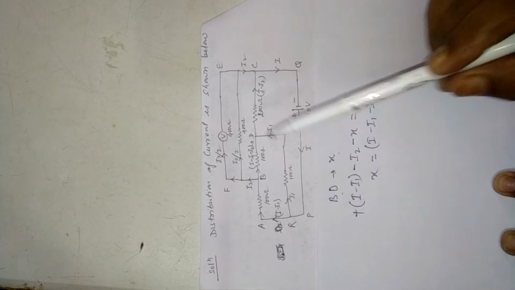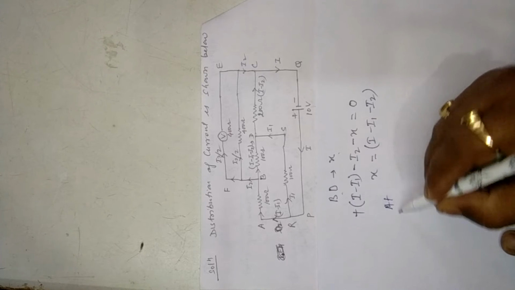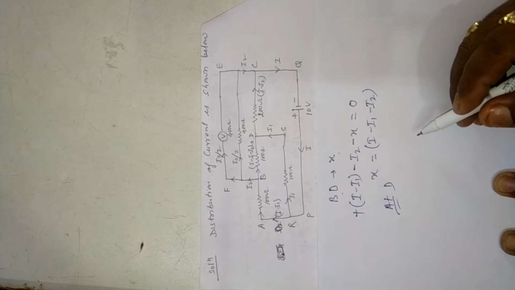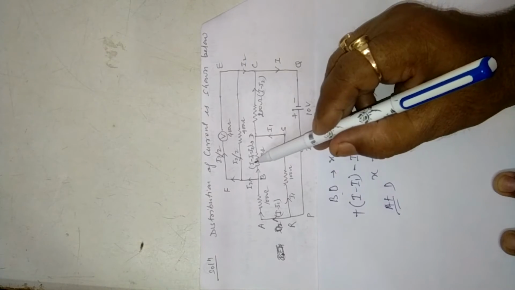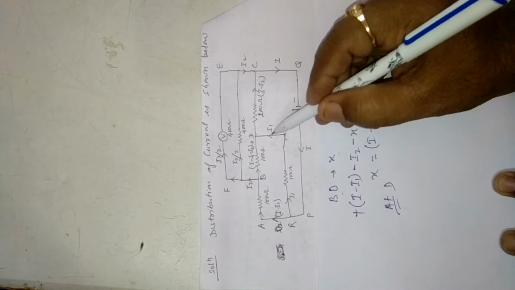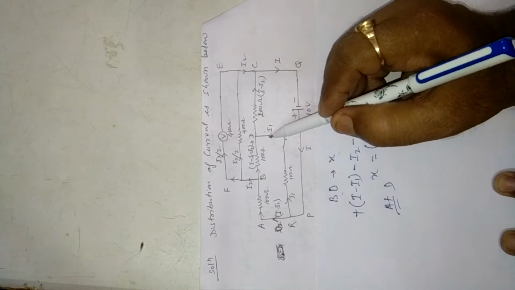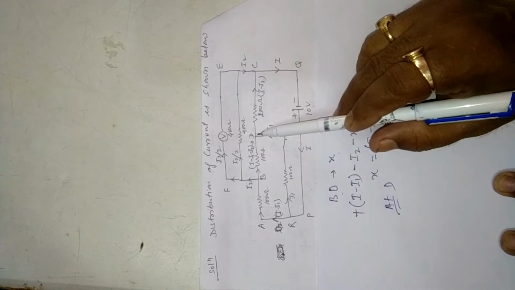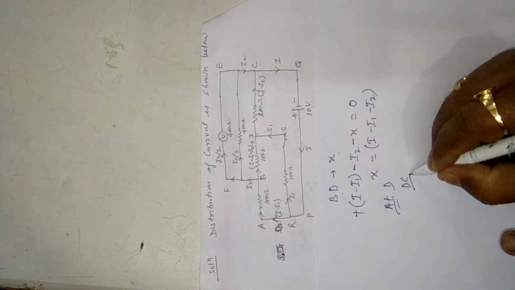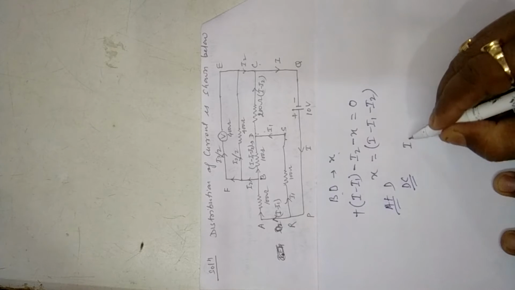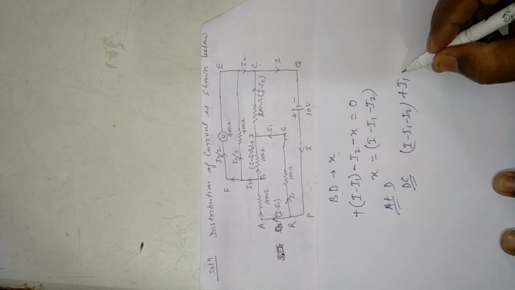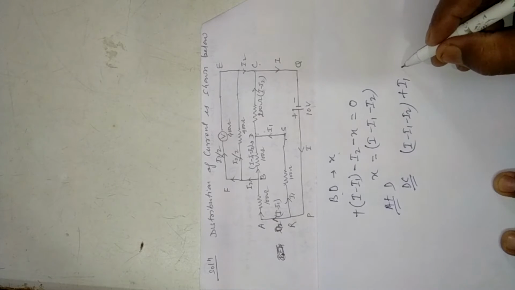Now at D, what will happen? How will you take the current? From this side it is coming I minus I1 minus I2, and from here it is coming I1. The sum of these two currents will move in the arm DC. So in the arm DC, I minus I1 minus I2 plus I1 is the current.